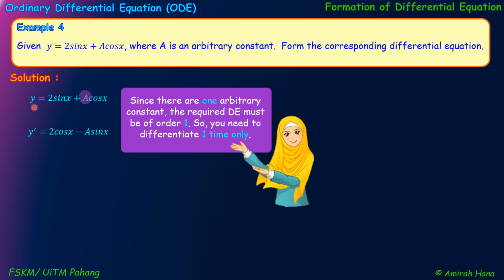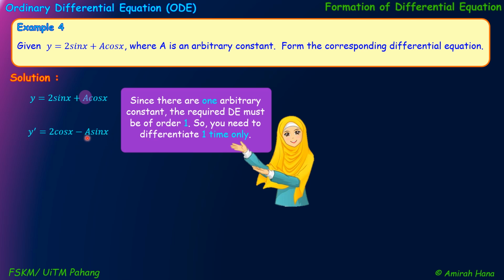So, from y equals 2 sin x plus a cos x, now we find y prime, okay? We have constant 2 here, so we still have constant 2, and we differentiate sin x equals cos x. And then, we have constant a here, and we differentiate cos x, it equals negative sin x.